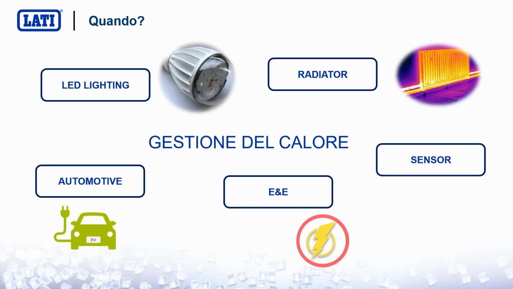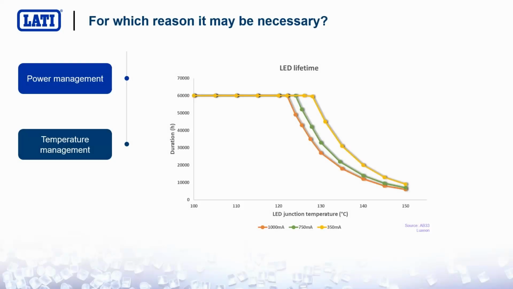In all these situations, you may need to manage thermal power. For which reason may it be necessary to manage thermal power? This is an example, specific to the LED lighting sector.